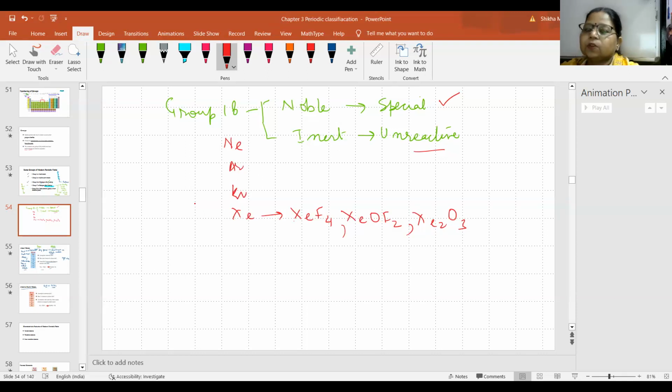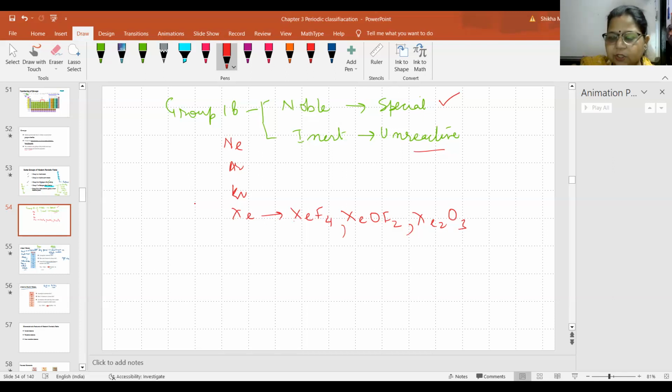They were made in the 1960s. So that means they can react under very special and drastic, meaning difficult, conditions. So it's better to call them noble elements or noble gases, because all of them are gases at the end of the day.